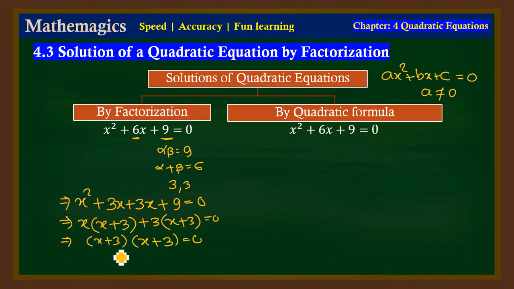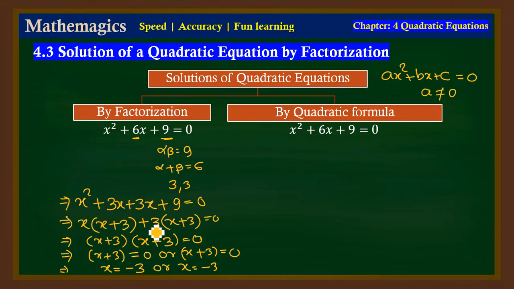So dear friends, when we multiply any two numbers and the output is 0, then we can say either the first term is 0, so x plus 3 is equal to 0, or x plus 3 is equal to 0. So here we can say that either x is equal to minus 3 or x is equal to minus 3.